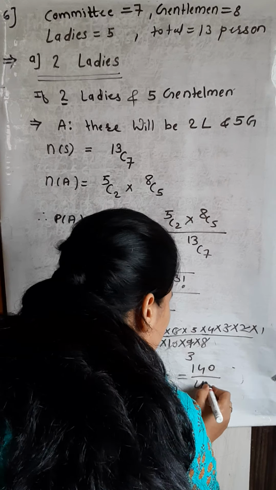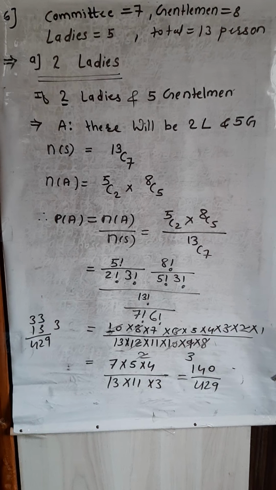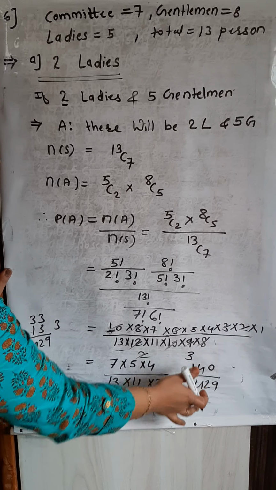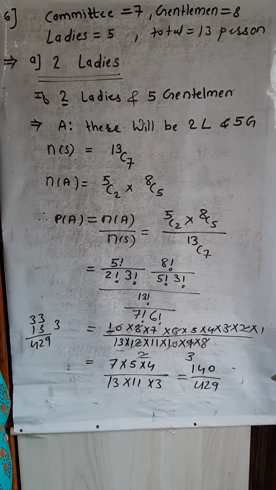So this is the answer of this question. It is 140 divided by 429. Okay, in that we have formed a committee where 2 are ladies and 5 are gentlemen. Question B is what? There are at least 2 ladies.